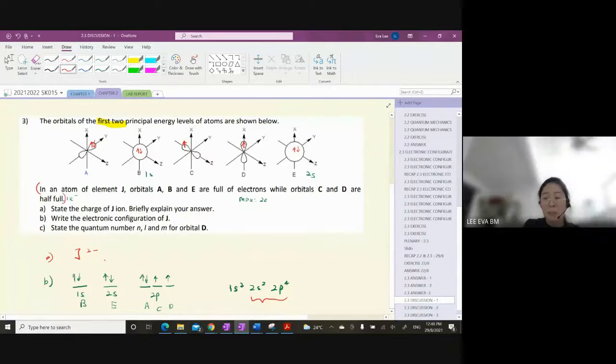So briefly explain the process, how it becomes J -2. J accepts 2 electrons to achieve the octet electronic configuration. To make it stable, to become the noble gas configuration, or octet electronic configuration, either is fine. But describe the process, briefly explain.